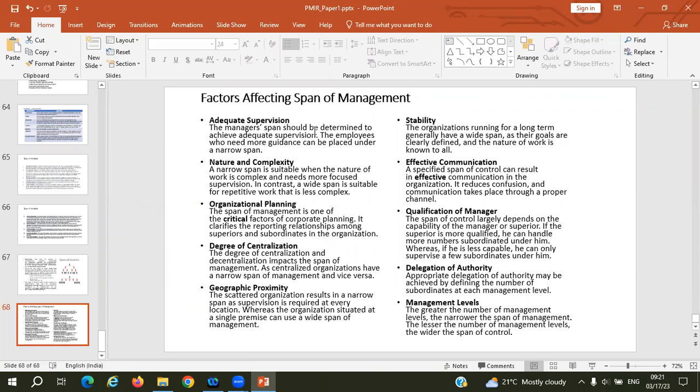First we understood supervision, how an organization decides its span of management based on this factor. Then the nature of work complexity.